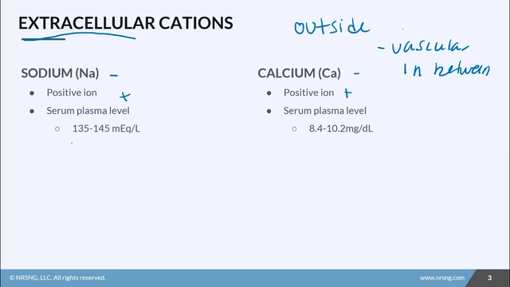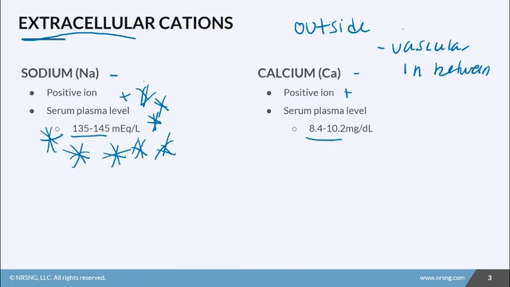If I were to draw my patient's blood and check their sodium values, it would be between 135 and 145. Their calcium would be between 8.4 and 10.2. So as you can see, there is a lot more sodium hanging out versus calcium. Sodium is the most abundant one, and so there's a lot of sodium hanging out outside of the cell.